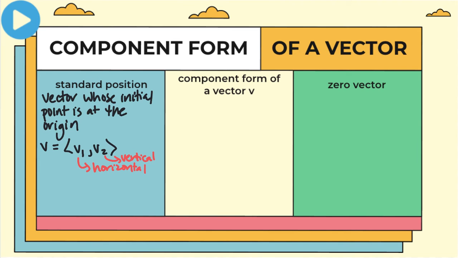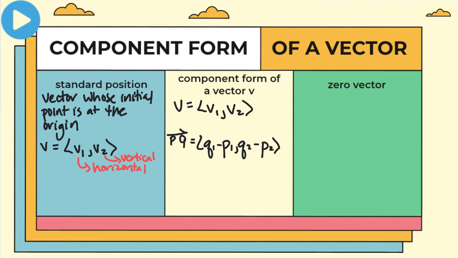to be able to easily see the horizontal and vertical components of that vector. So the component form of this vector v, as I've just shown you, is v equals ⟨v sub 1, v sub 2⟩. And that is because our original component form of any vector is PQ equals ⟨q1 minus p1, q2 minus p2⟩.